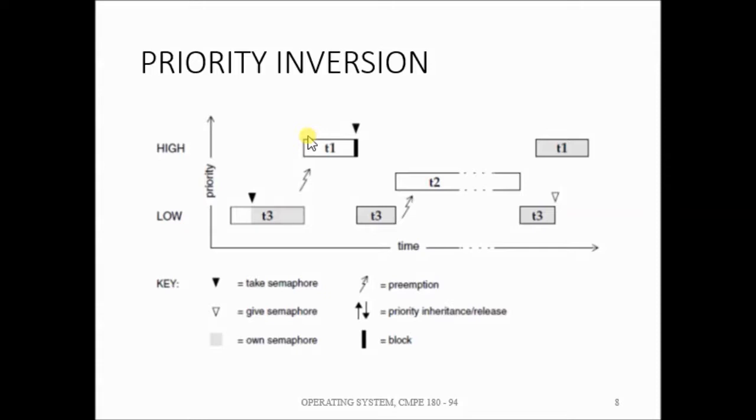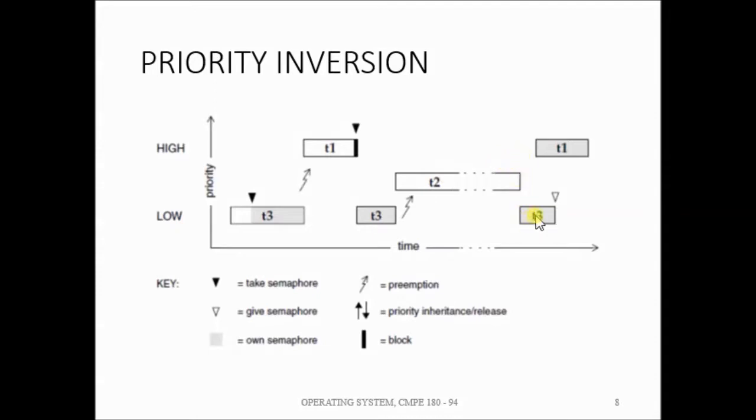If we could be assured that T1 would be blocked no longer than the time it normally takes T3 to finish with the resource, there would be no problem because the resource cannot be preempted. However, the low priority task is vulnerable to preemption by medium priority tasks like T2, which could inhibit T3 from relinquishing the resource.